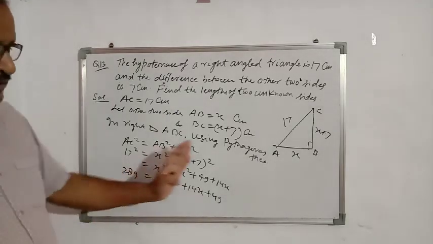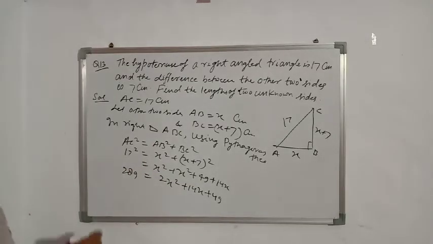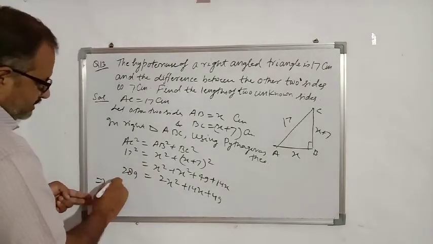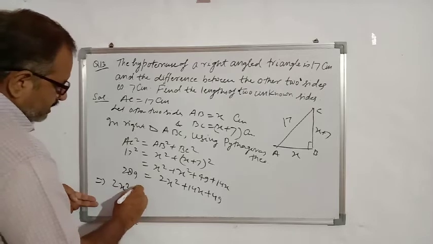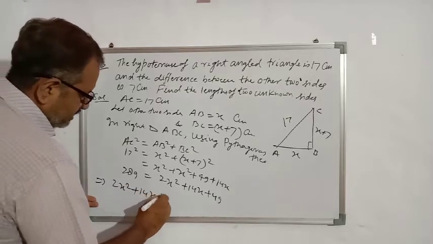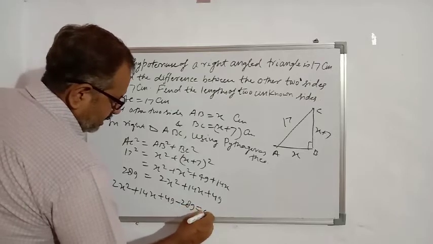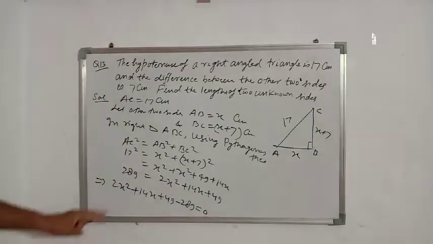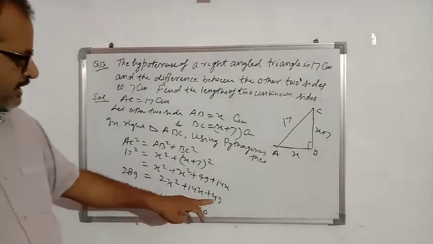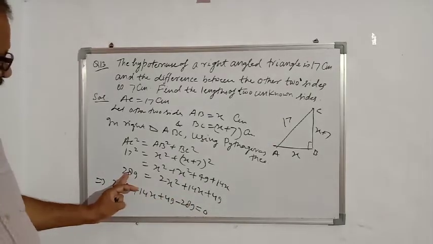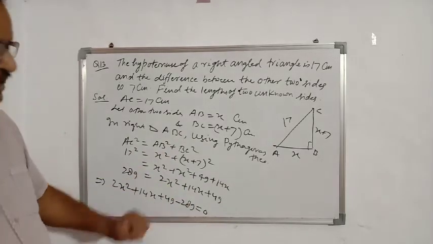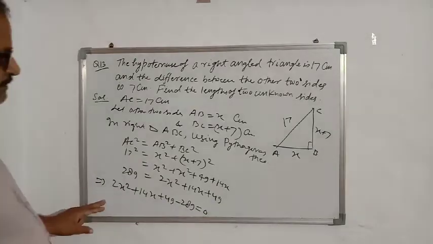Transpose 289 to the right side. So we will get 2x square plus 14x plus 49 minus 289 is equal to 0.